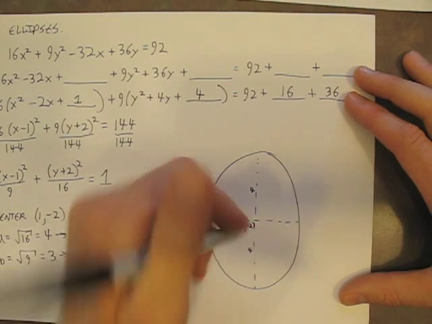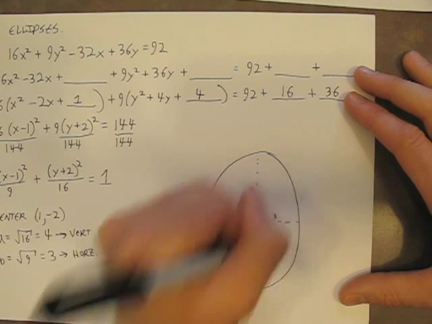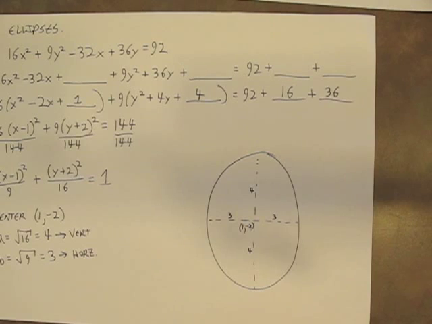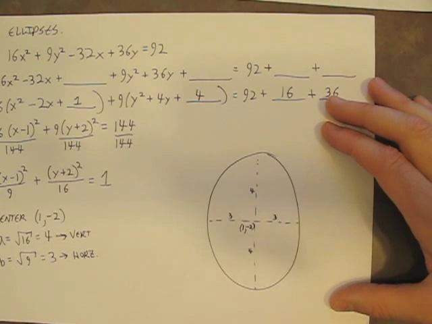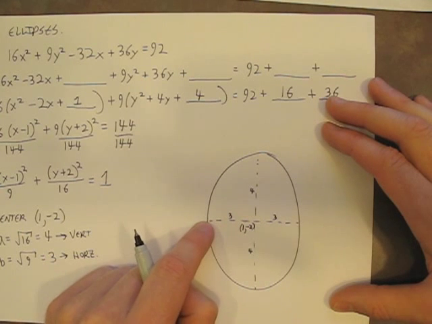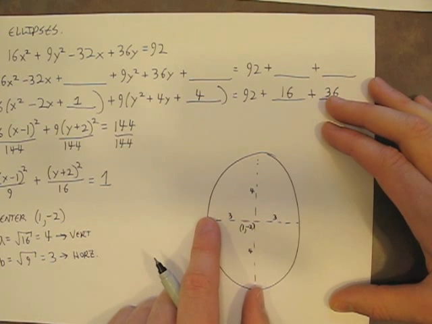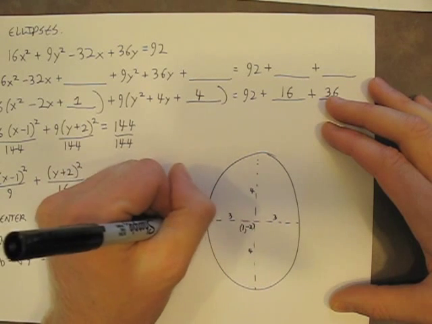This distance is going to be 3, the semi-minor axis is 3, that's 3. So now I can add in some points along the side here. So 1 minus 3 is going to be -2.